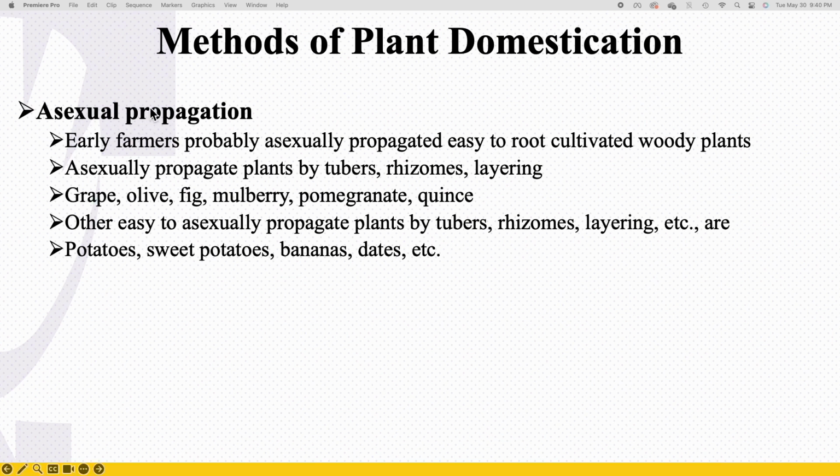And so we have asexual propagation. When I think about this, I'm thinking about something that we can cut. I think of Dr. Earhart doing this, where he's making these cuttings and bulking up or increasing the number of plants that they have.